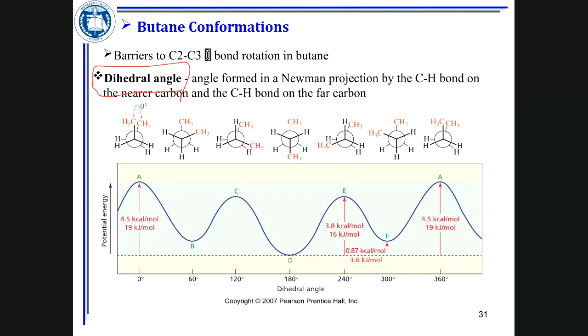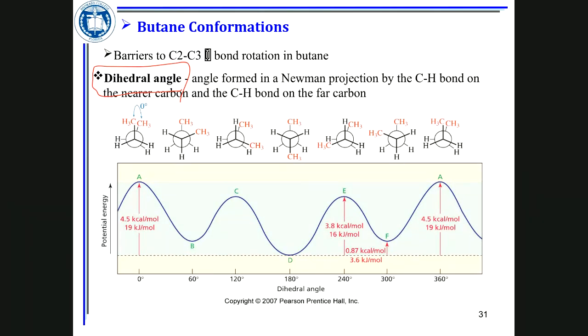If you look at these in the totally eclipsed form, you have a 0 dihedral angle. When we are talking about dihedral angle, it's not on the same carbon. It's the bonds aligned with the methyl on carbon 2 and the methyl on carbon 3. So when we have 0 angle there, that is totally eclipsed.